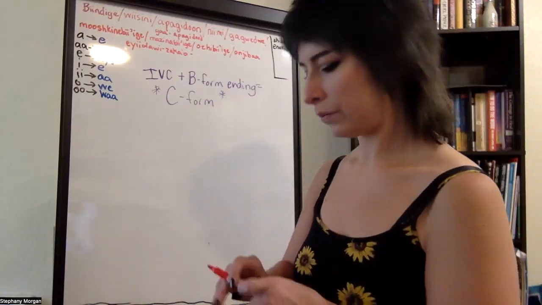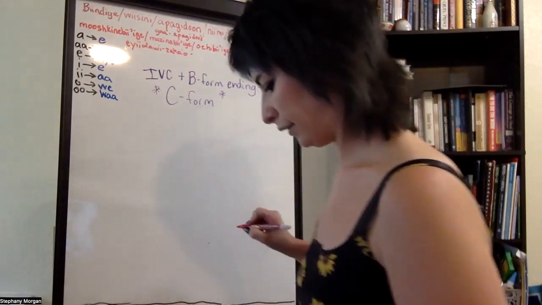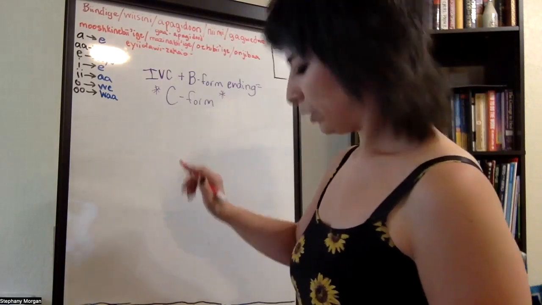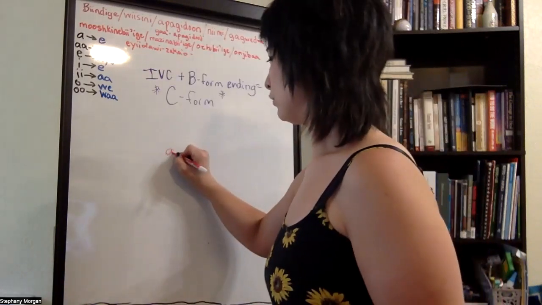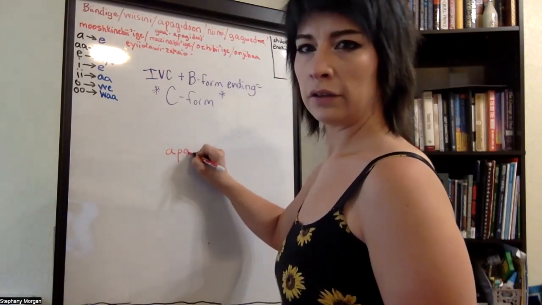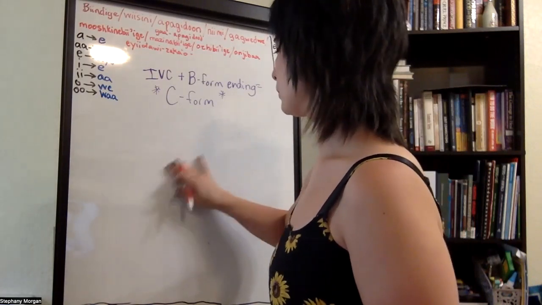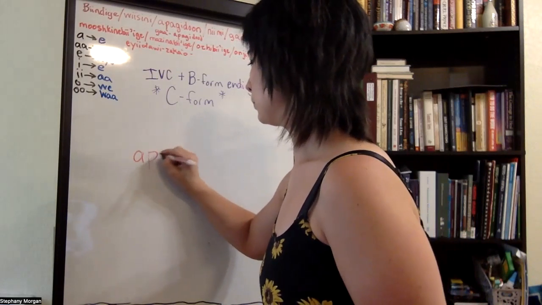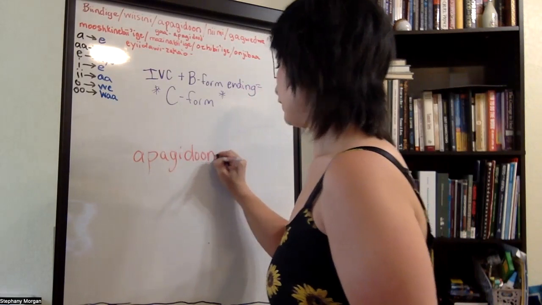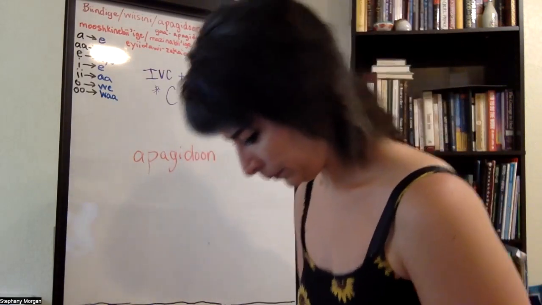You know, you're out on the playground with some kids and they're like, oh, Benesi's the one who just threw the ball. So we would use apagidoon. He or she throws it. Can you see that? I'm writing small. I'm sorry. Apagidoon. That's a VTI, meaning throw it.